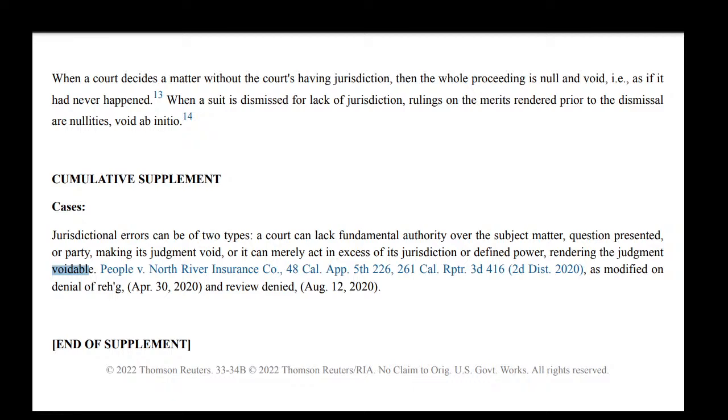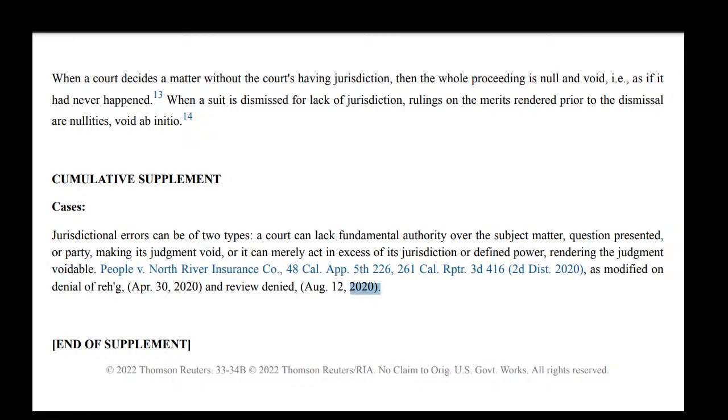So when they lack fundamental authority over the subject matter, the person, question, or right, its judgment is void. Those errors, right? Fundamental lack of authority would render a void judgment. But if it's acting merely in excess of its jurisdiction or defined power, just in excess of it, not a fundamental lack of authority, it would render the judgment voidable.